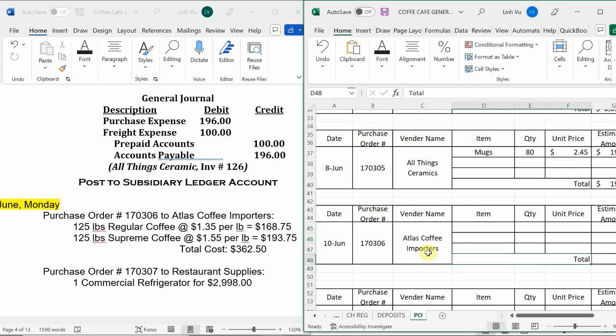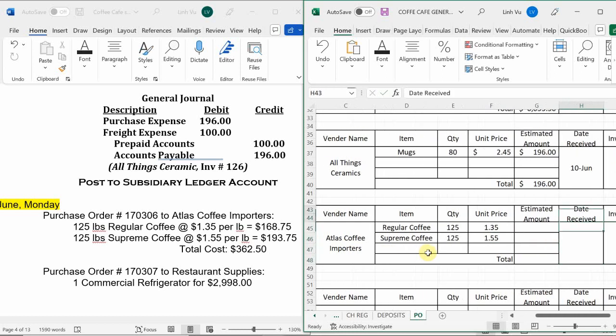We're going to purchase regular coffee, and we're going to purchase Supreme coffee. We want 125 pounds of each. The regular coffee right now is $1.35 per pound, and then our Supreme coffee is $1.55 per pound.